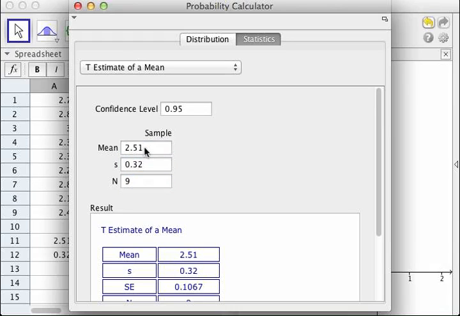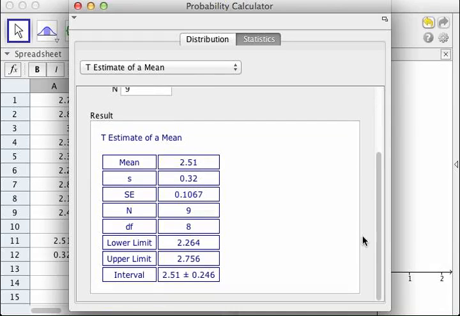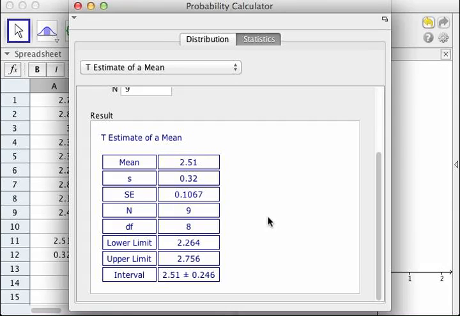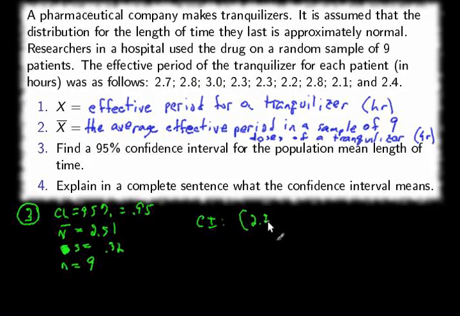And sample size, 9. And there it is. Our confidence interval is from 2.26 to 2.76, and that's in hours.